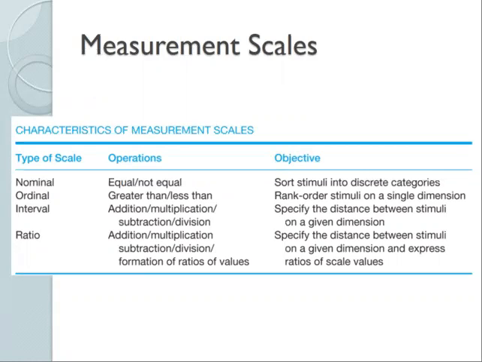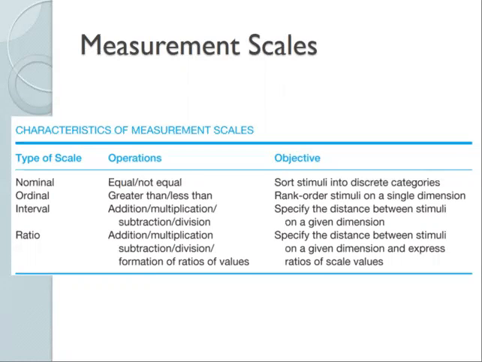Another really important aspect of the types of data you collect has to do with the measurement scale. How we quantify specific behavior determines what kind of analyses we can do. If we're using a nominal scale, we've got some sort of discrete category, like what color shirt they were wearing.